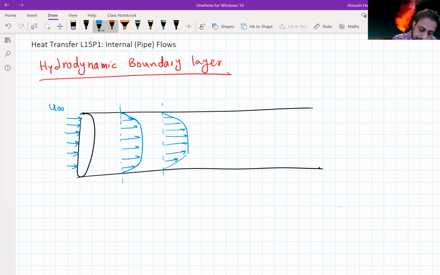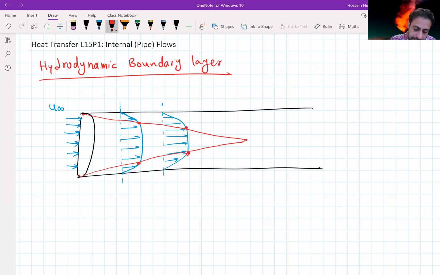Now, if I connect the points where the effect of the surface or zero velocity is felt, first of all, the surface is a circular tube, so everywhere we have this surface around the fluid. For this 2D sketch, I'm just showing the top and bottom side. But what you're going to see is the formation of a boundary layer around the tube, going all over.